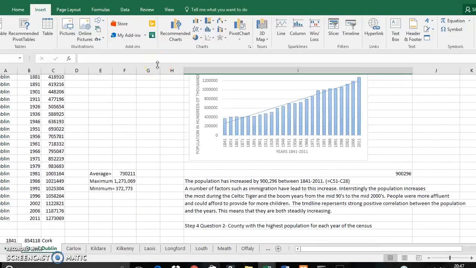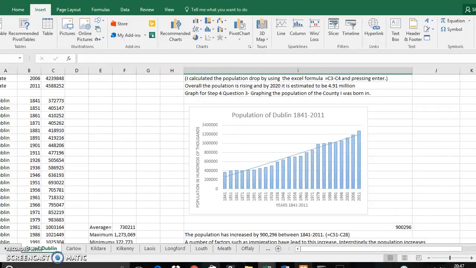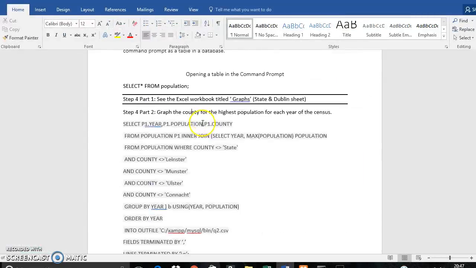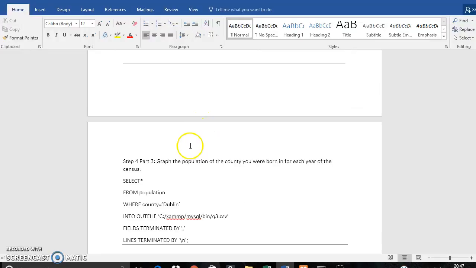And question 3 is up here, which is to graph the population of the county you were born in for each year of the census. So select star from the population table where county equals Dublin, which is the county I was born in, then dumped it into the file question 3 in my bin folder.